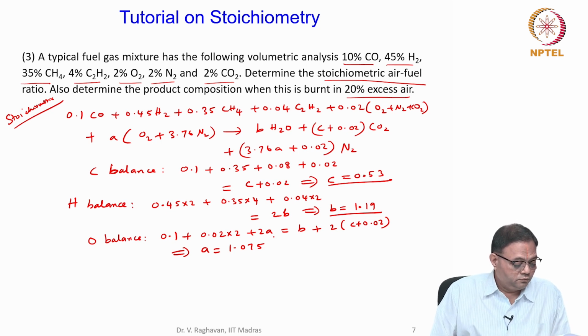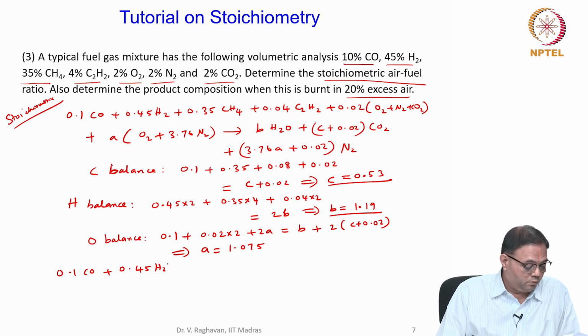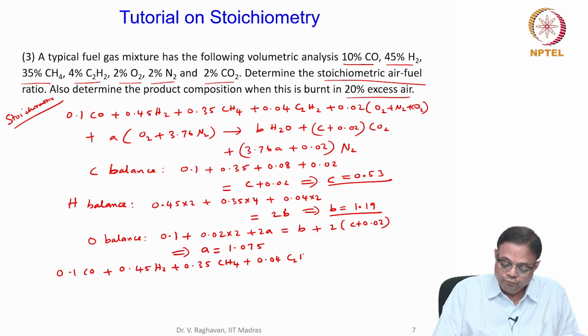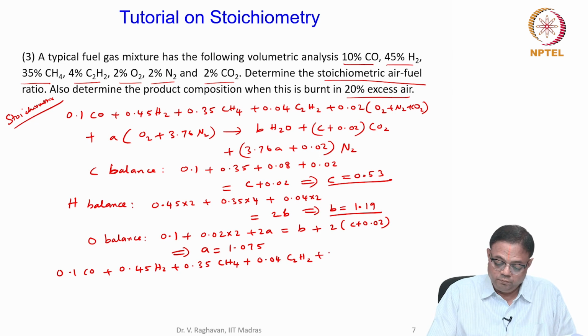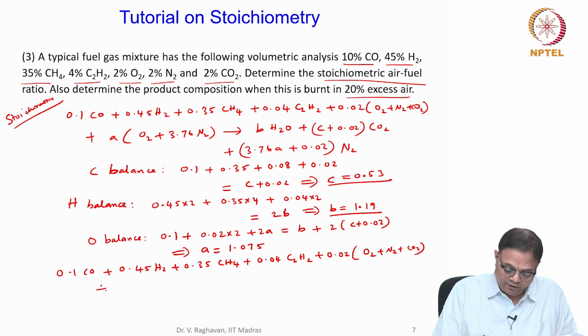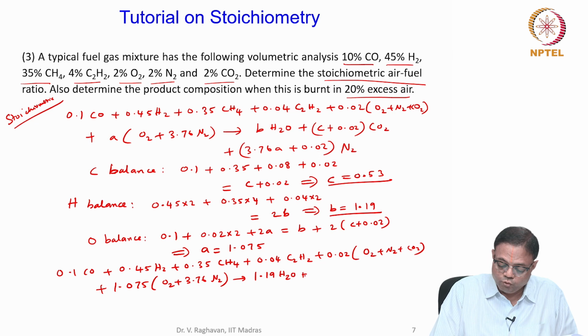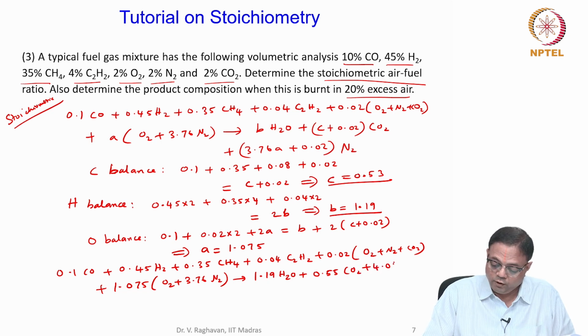So that means I can write the stoichiometric reaction now as 0.1 CO plus 0.45 H2 plus 0.35 CH4 plus 0.04 C2H2 plus 0.02 O2 plus N2 plus CO2, plus A, which is 1.075 into (O2 plus 3.76 N2), giving 1.19 H2O plus 0.55 CO2 plus 4.062 N2.